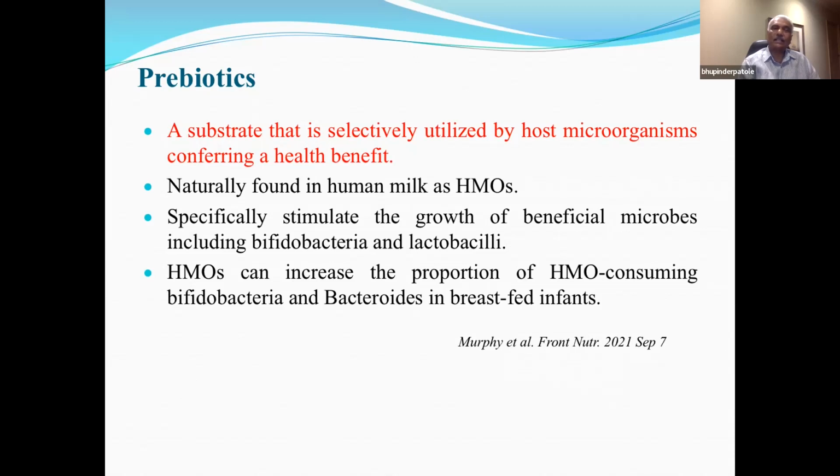They will promote the survival and growth of good bacteria inside the gut. Per se, they can block the receptor sites so that pathogens cannot locate them. And they have direct effects, which are anti-inflammatory and anti-infective.